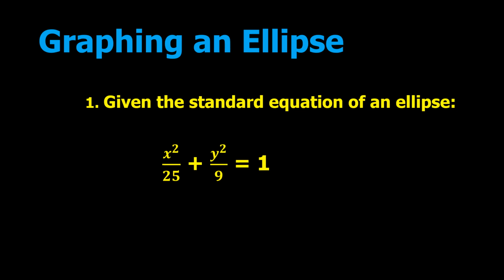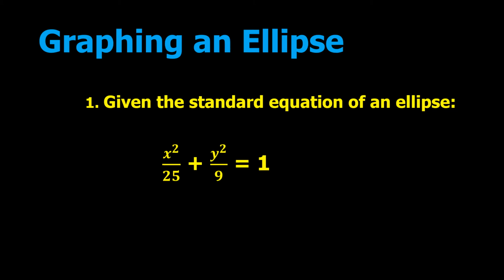We have the first example on how to graph an ellipse. Given the standard form of the ellipse, x squared over 25 plus y squared over 9 equals 1. We observe that the denominator of x squared is greater than that of y squared, which is 25.